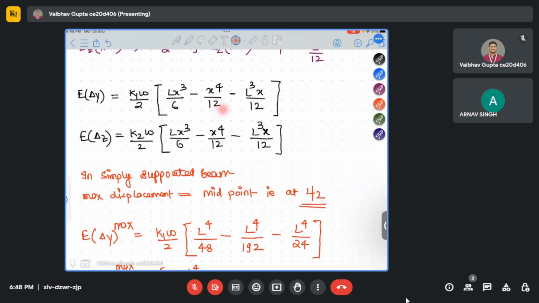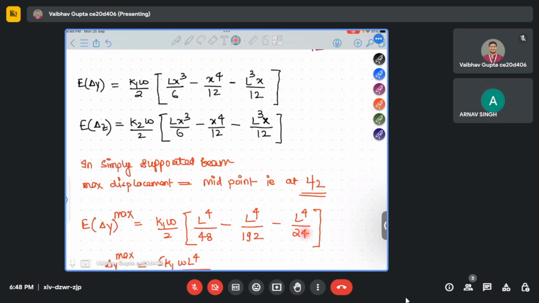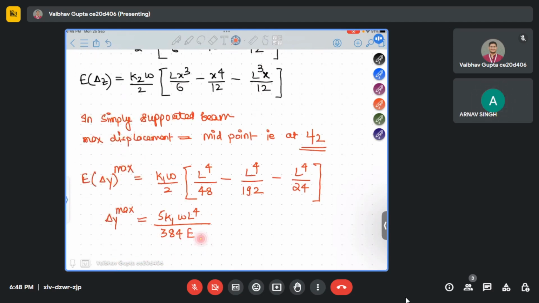okay. So when you put x as L by 2 in this expression you will get this. Finally if you take LCM you will get this. So now I will put the value. K1 we assumed as 0.855 into 10 to the power minus 6, if you remember.